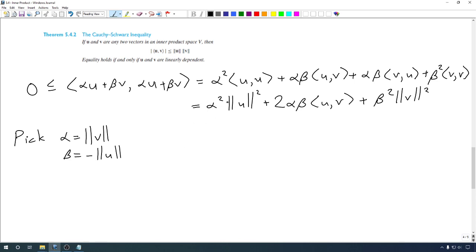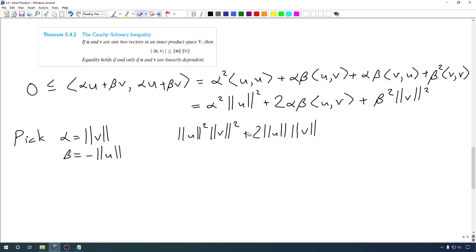What does that mean? That means what I'm going to have here is the norm of u squared times the norm of v squared, plus, well, 2 times the norm of u, norm of v. Well, actually not plus in this case.